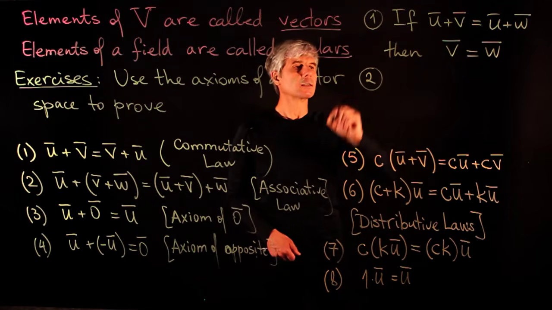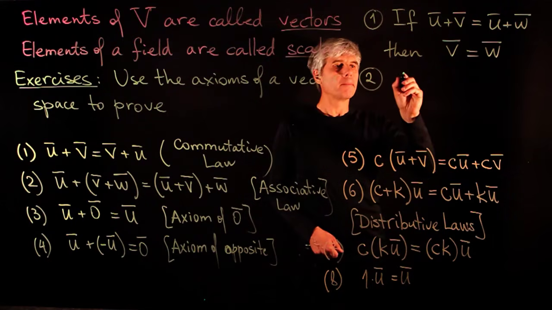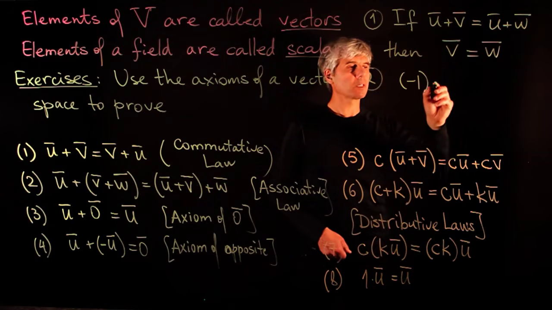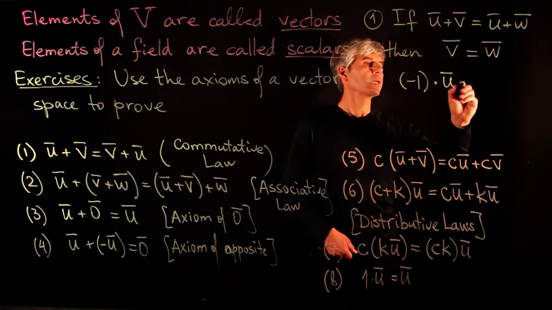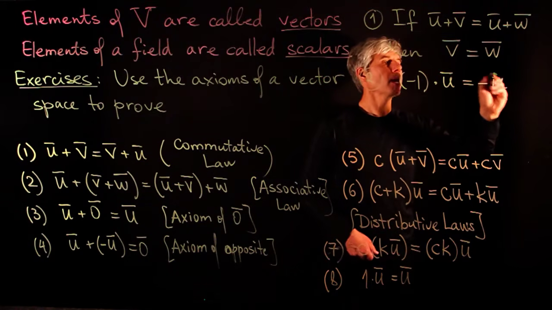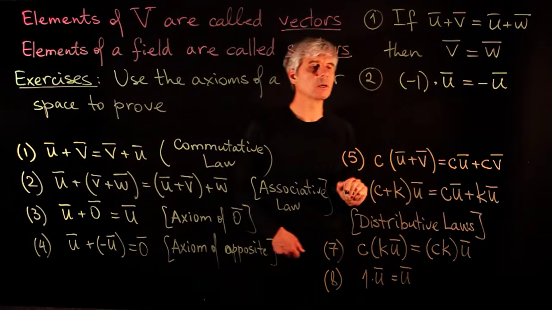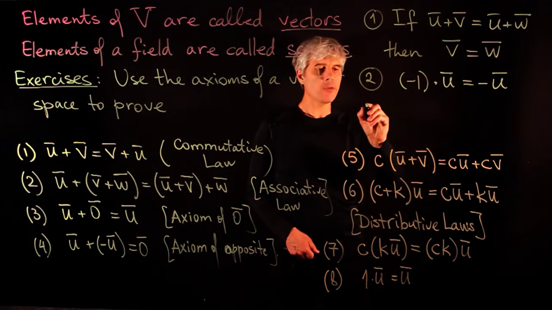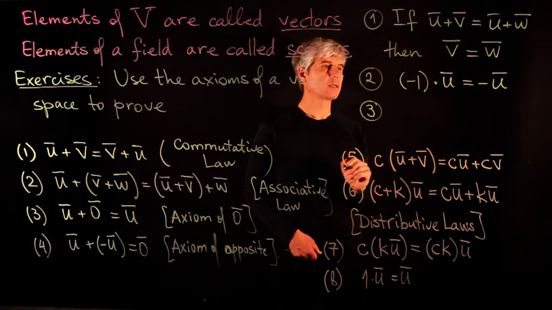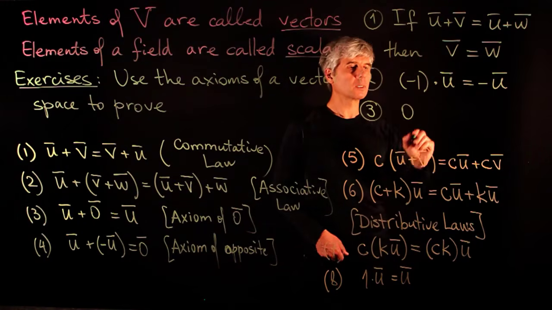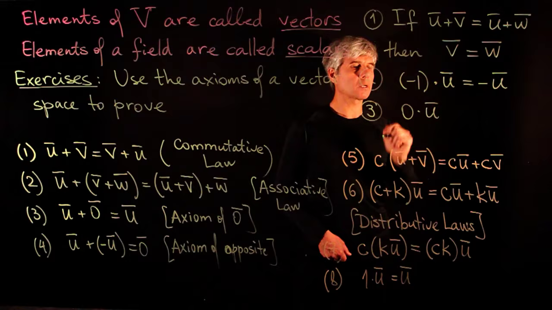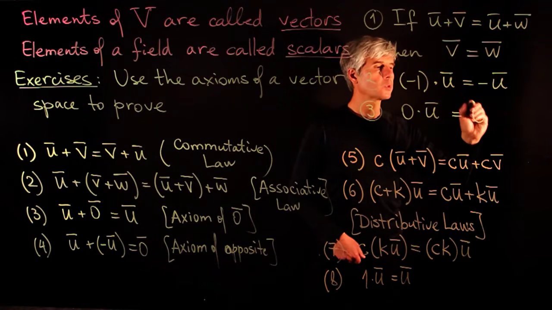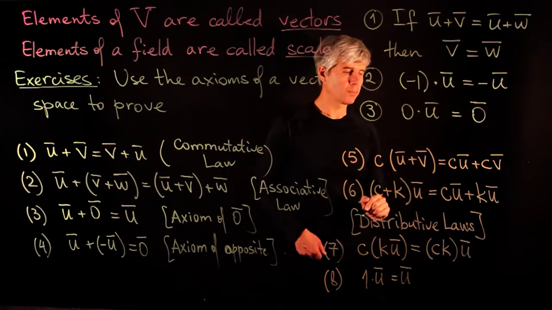Second exercise. -1, so this is an element of a field, times u is the same as minus u, so this is a vector opposite to u. And the third exercise is that 0 times u, so here 0 is a scalar, u is a vector, is equal to 0 vector 0.